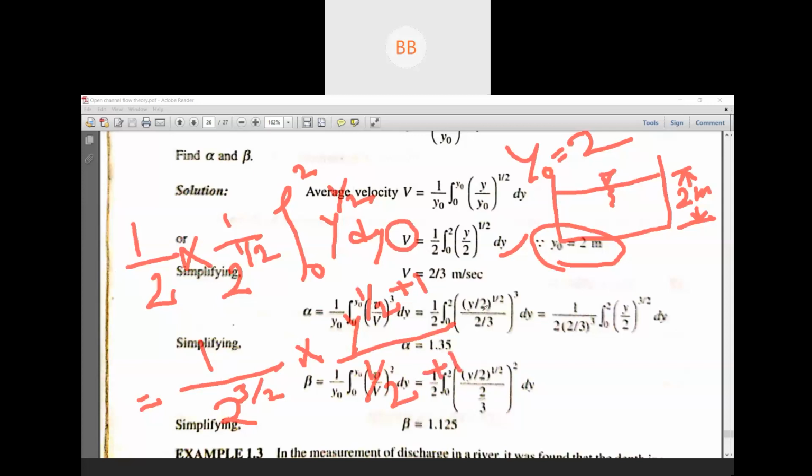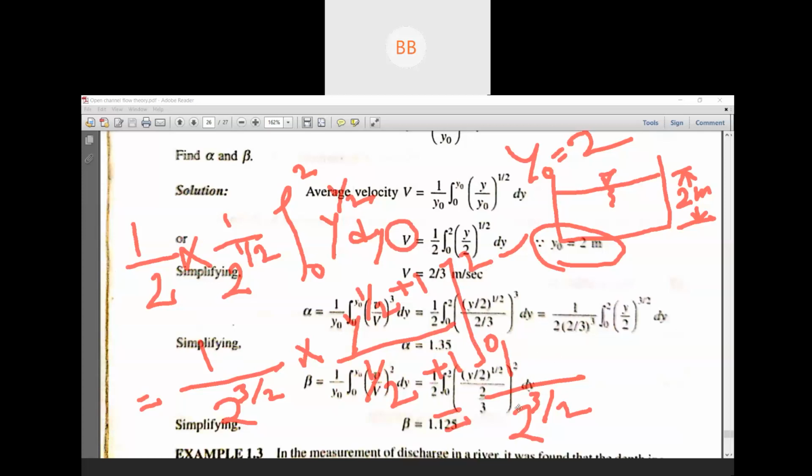So what will be your answer? It will be 1 by 2 to the power 3 by 2, with limit 0 to 2.